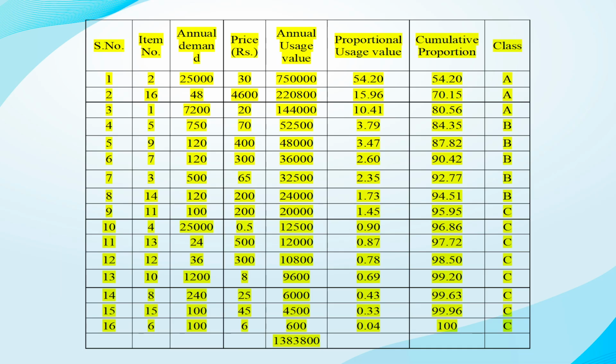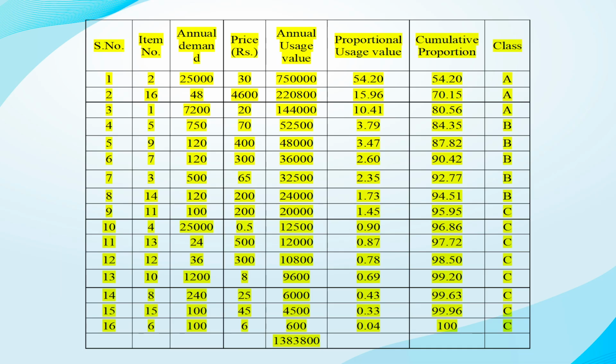So this B item has a volume of only 20%, but the value is also 20% of the store cost. And the C item has a volume of 70% items, but its cost is only 5%. So there is not much consideration for these C class items.